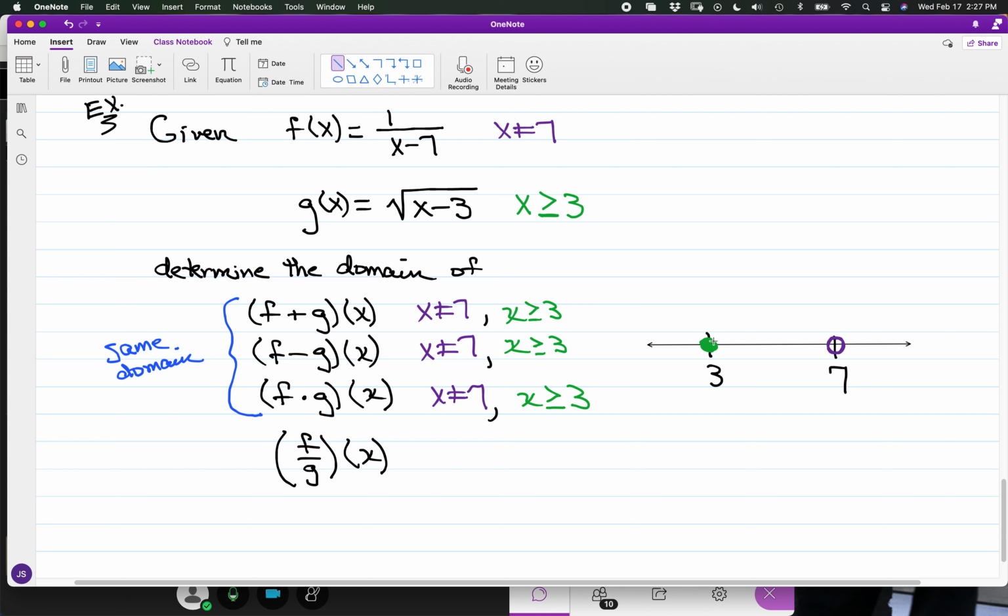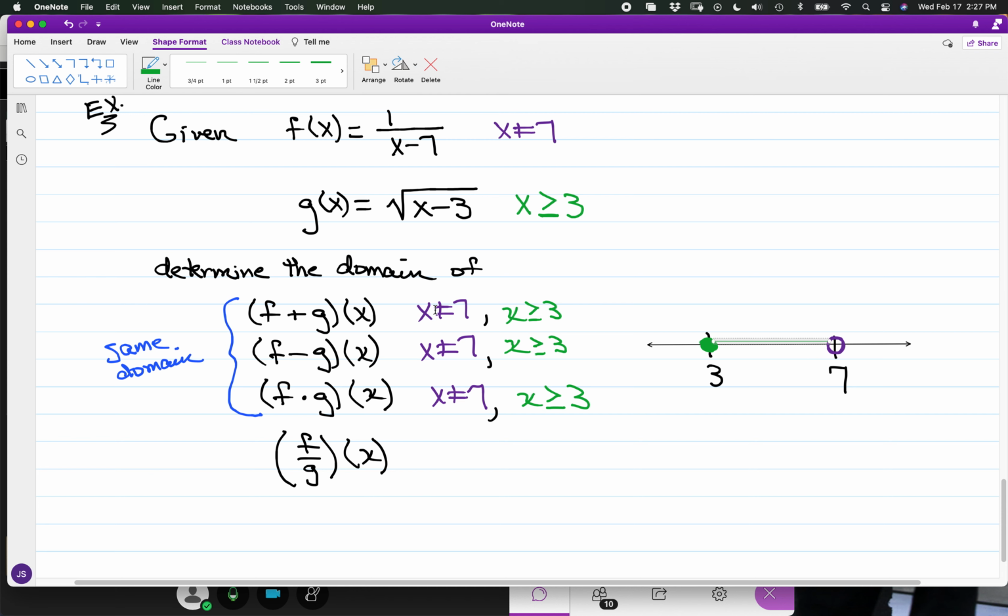proceeding to the right, you have greater than 3, going past 4, 5, 6. Now we have approaching 7, but again, you have this aforementioned restriction that x cannot be 7 because we still have to be able to work with f of x. So 7 is going to be left out.